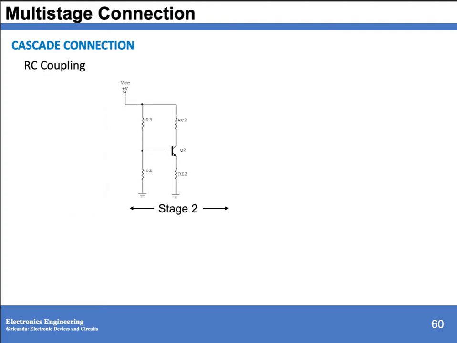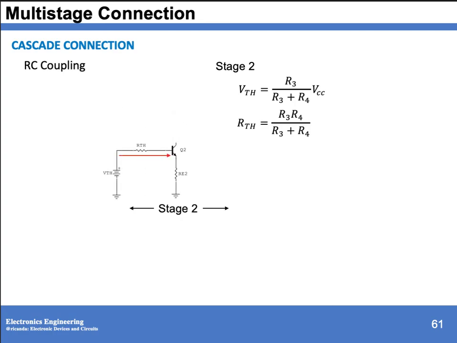At stage 2, we have the same configuration or biasing, which is a voltage divider bias. We first solve for VTH as well as RTH, redraw the Thevenin equivalent circuit, and use KVL, expressing IE in terms of IB.